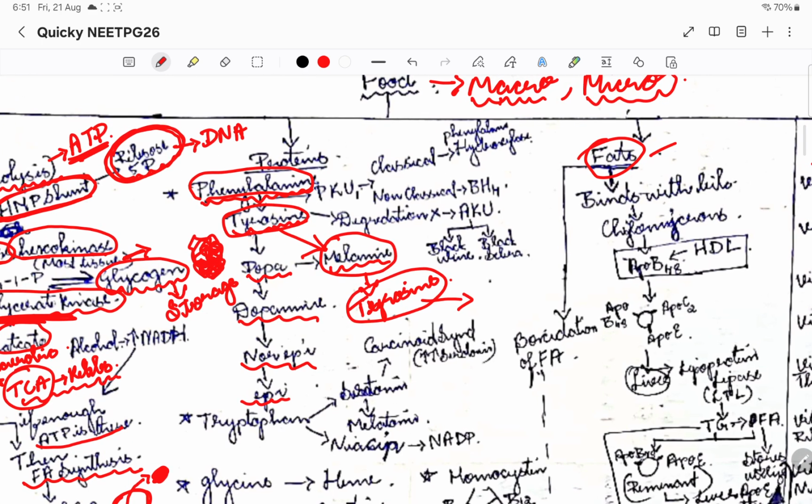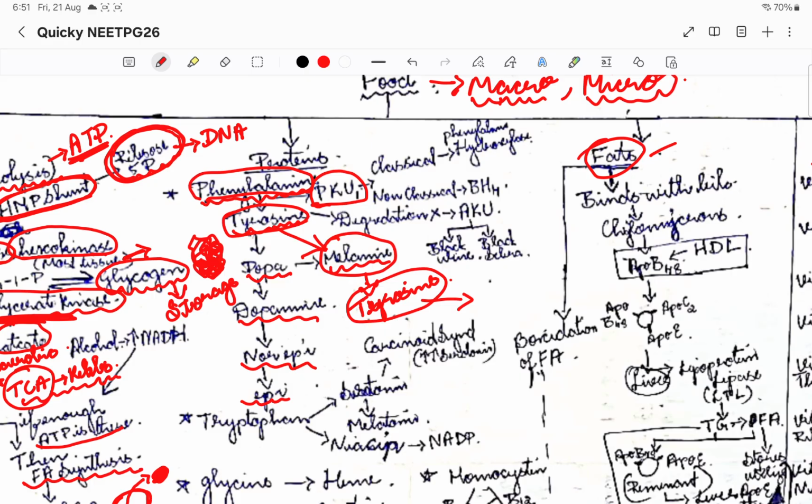Suppose there is increased phenylalanine because it is not getting converted to tyrosine. What happens is phenylketonuria, PKU. You would have learned this hundreds of times in your first year for your theory exams, and PKU is the most important one.